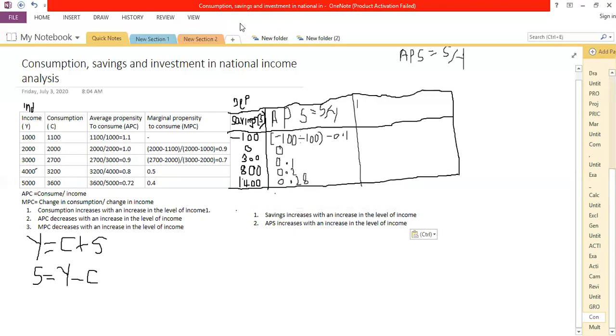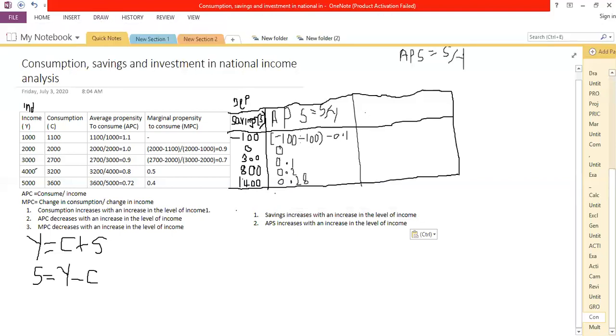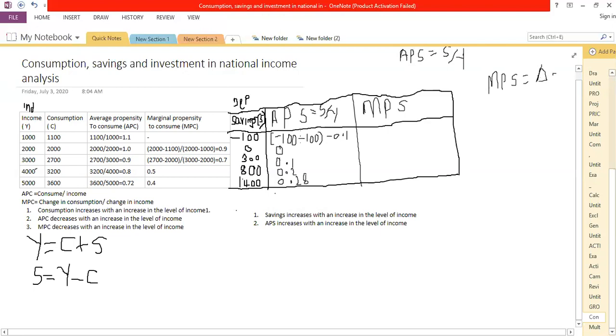Let's now compute what we call the marginal propensity to save, and I'll just call it the MPS. The MPS is usually given by the change in the level of savings, we'll call it triangle S, we all know what's the meaning of that.